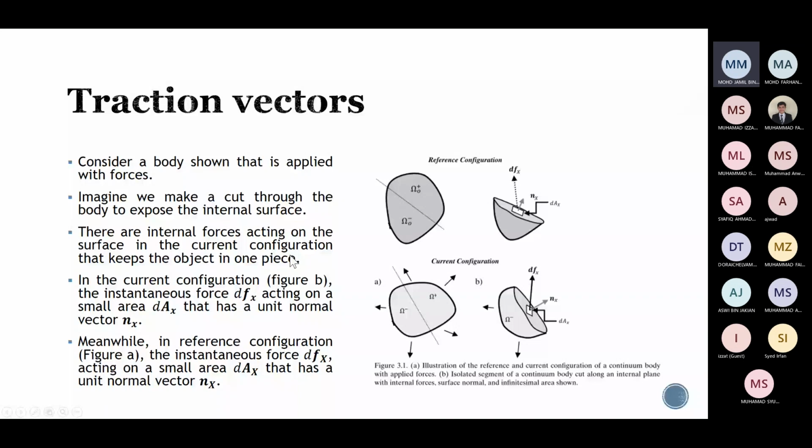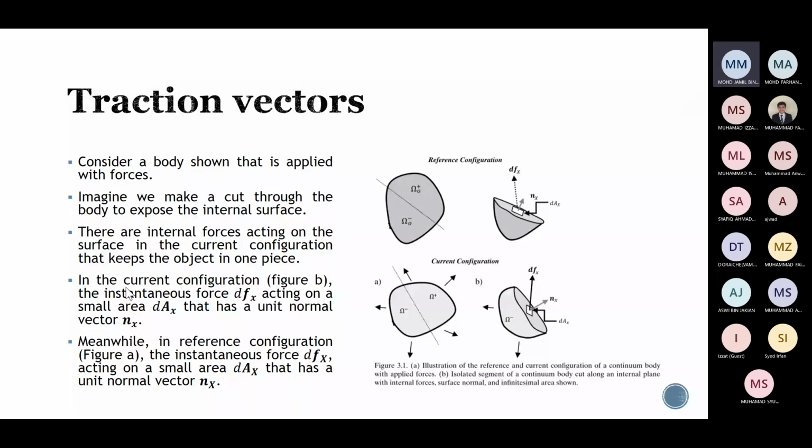So let's say if you apply some sort of deformation to the body, then in the current configuration, at the same surface, let's say the area is dA small x, so different area but the same particle, okay, and different force dF small x, and different normal. So let's say it has changed in position and changed in location as well.